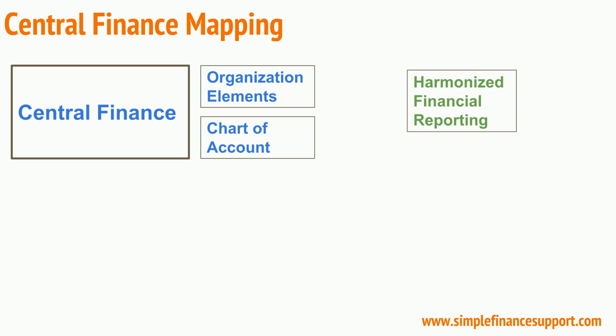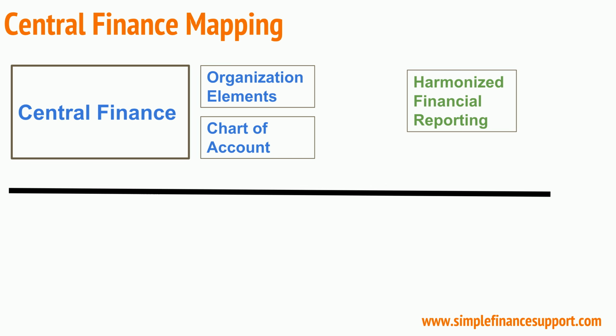All these are the organizational elements which you are using for harmonized financial reporting, meaning you are going to have a single way of presentation of the financial data from your organizational point of view. So you have a single chart of accounts and the same organizational elements that you are going to use across other systems.